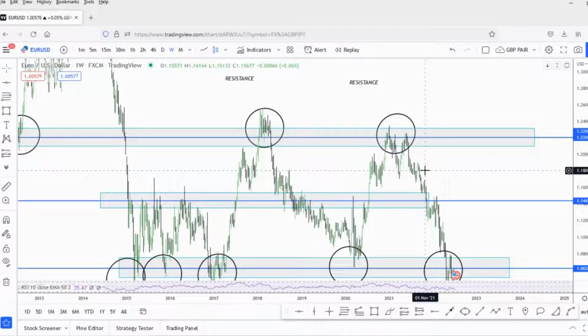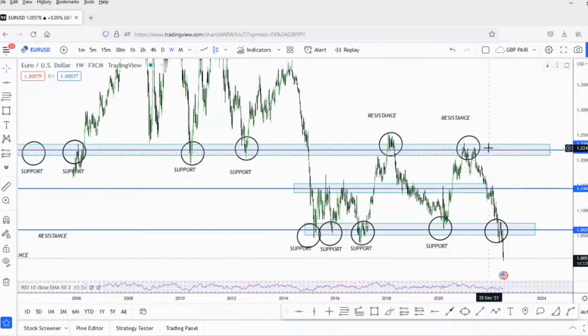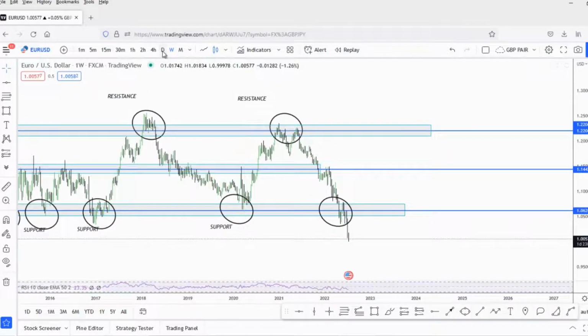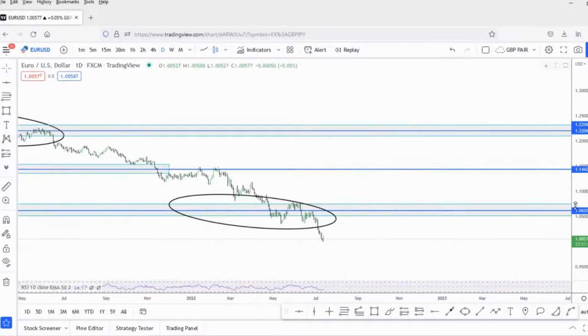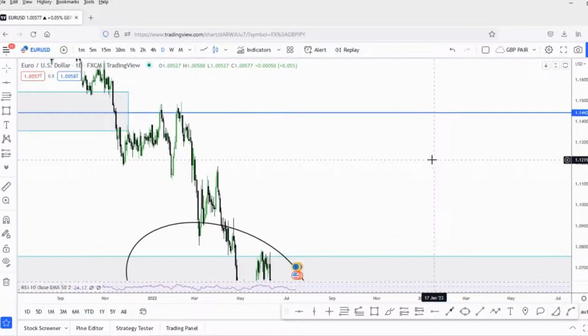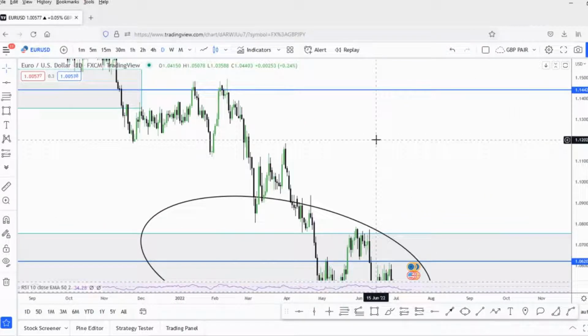So going forward, like I said, it's all the same concept. You can come down to the daily and find the support and resistance. Like I said, nothing is major, nothing is minor.